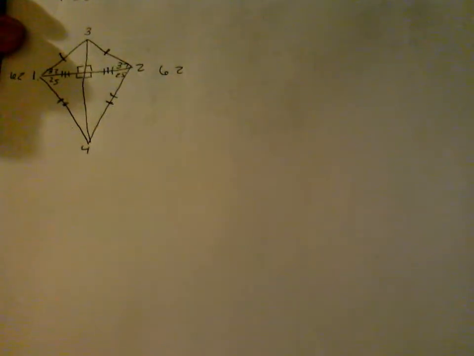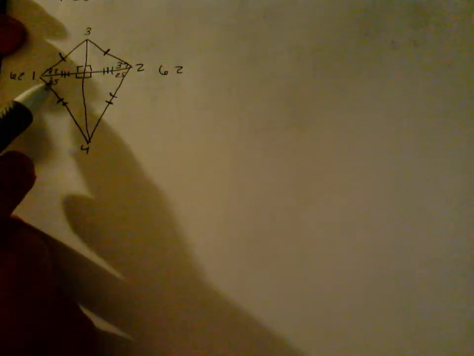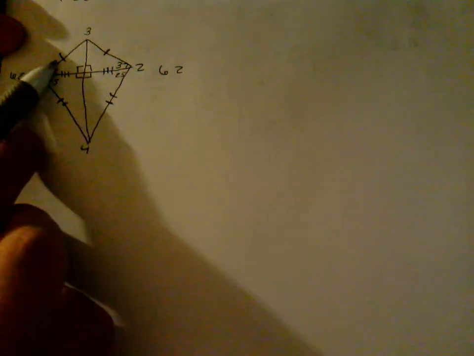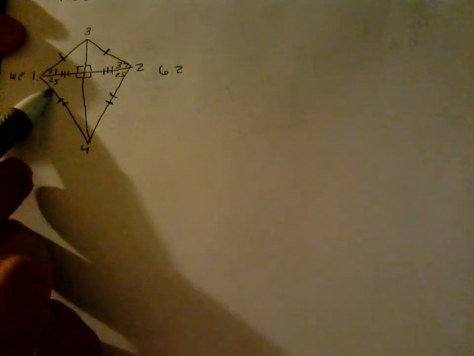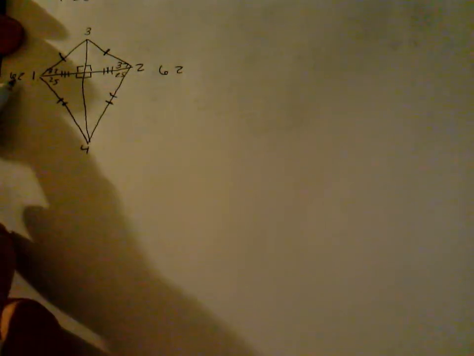So if I wanted to find the whole angle there, this would have to be 62, and this side would also be 62, because the 37 and 25 make up this whole angle. These two smaller angles make up this whole angle, so you'd add them together, and you would get 62.